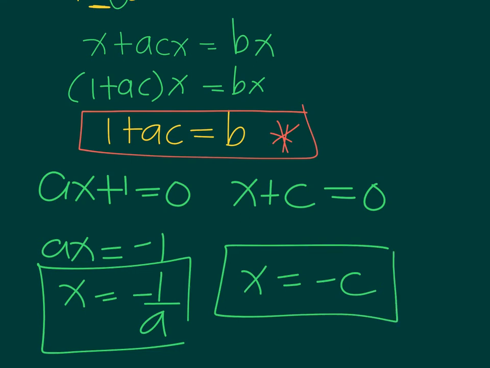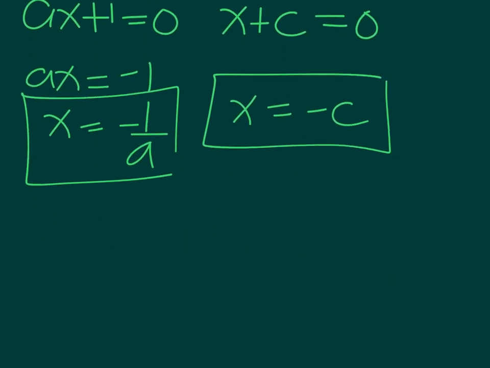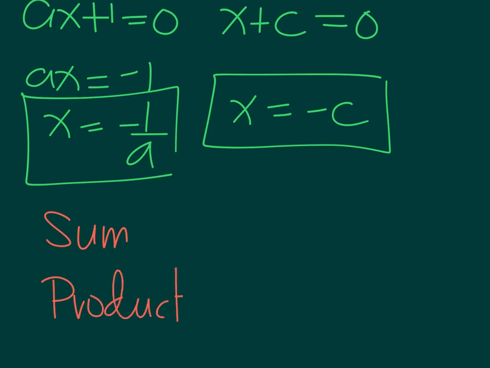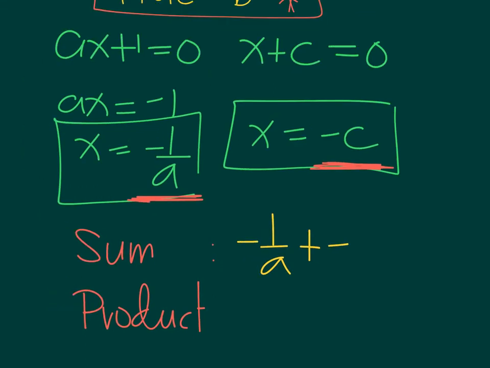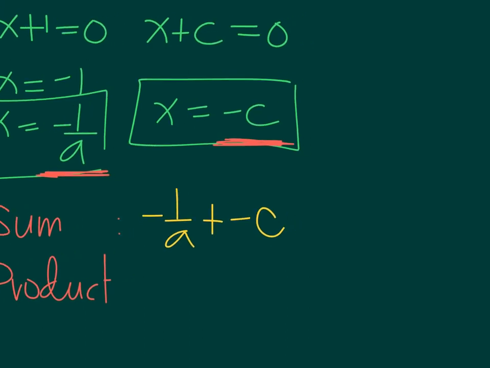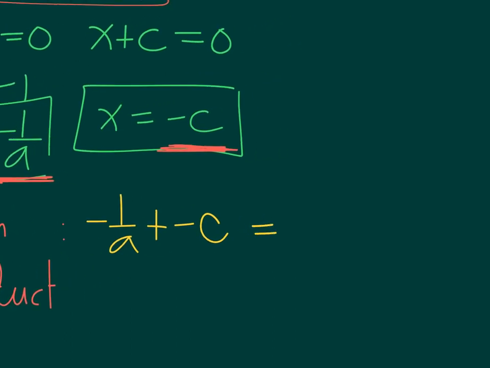Okay. Now, you'll be surprised. Remember, the goal is finding the sum and finding the product. The sum is literally the value you get when you add the two: negative 1 over a plus negative c. Okay, look at this. I'll be combining these two.